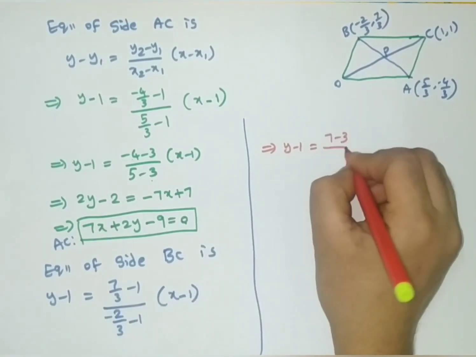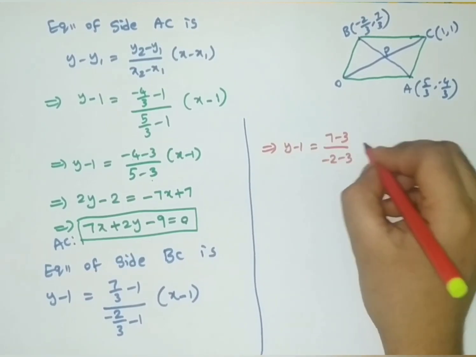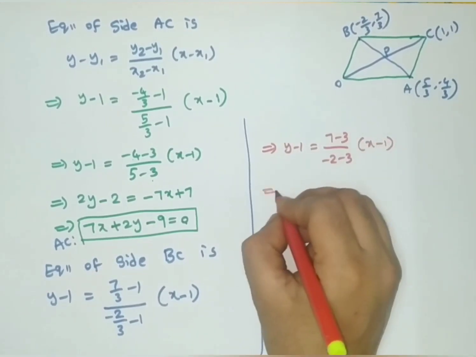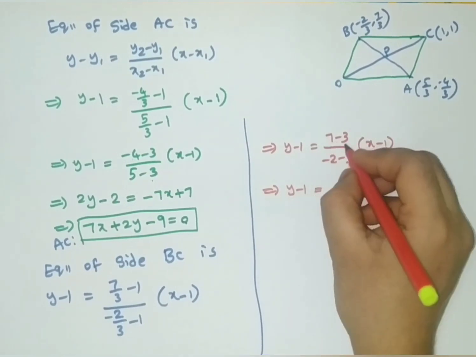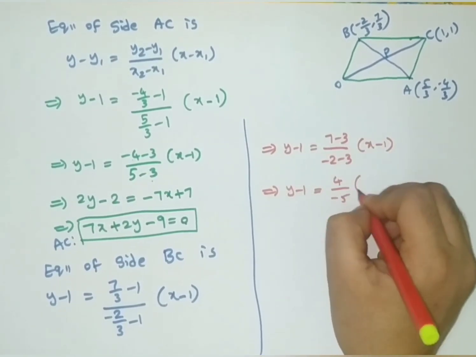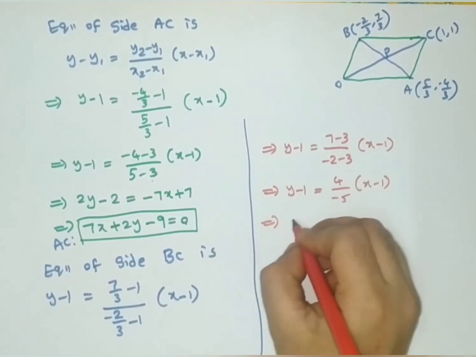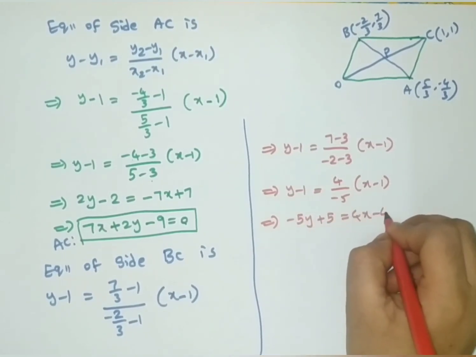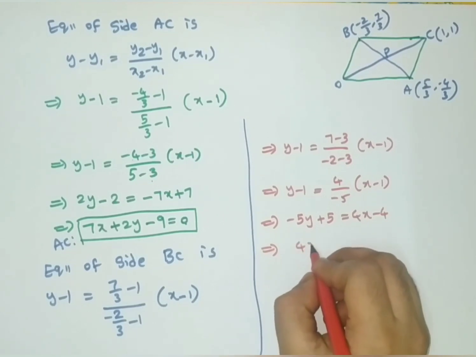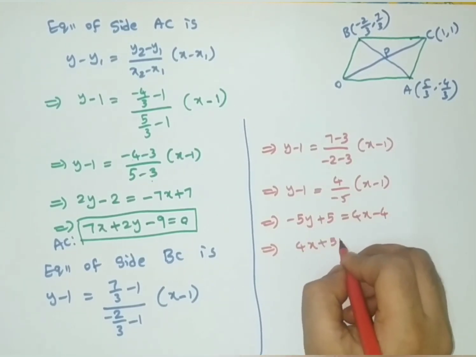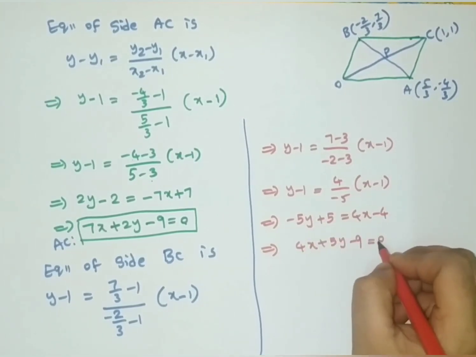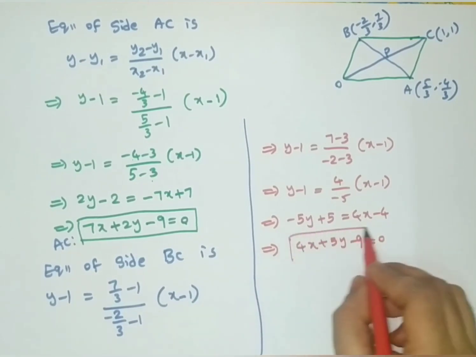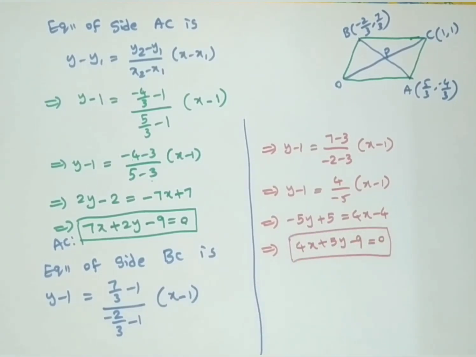So 7 minus 3 by minus 2 minus 3 into x minus 1. y minus 1 is equal 7 minus 3 4 minus 5 into x minus 1, minus 5y plus 5 is equal to 4x minus 4. That implies 4x plus 5y minus 9 is equal to 0 is the equation of side BC.